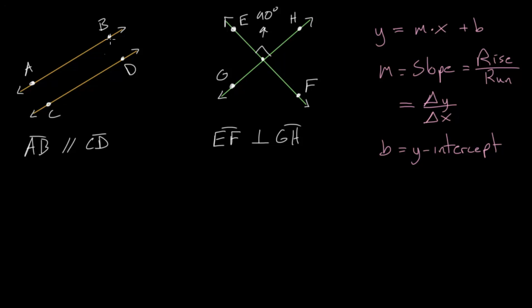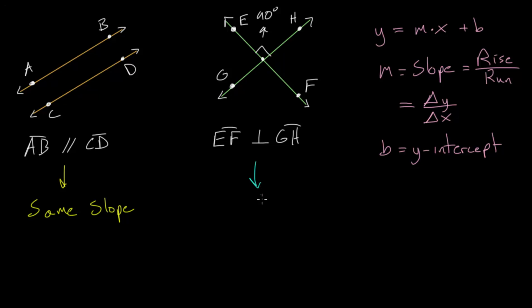And when we write the equations for parallel lines, what we can notice is that these lines have the same slope or the same steepness, since slope is really just a measure of how steep the line is. And parallel lines have exactly the same steepness. Whereas perpendicular lines are a bit more complicated.